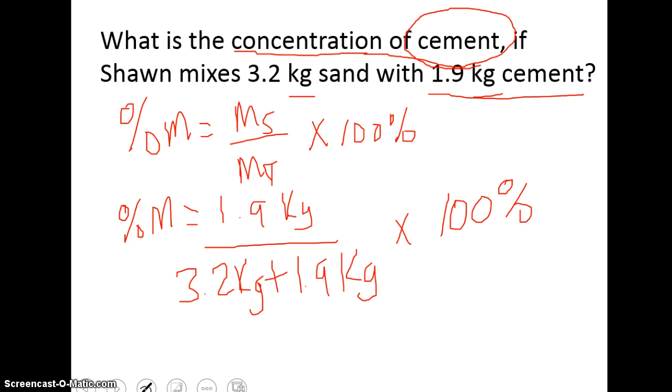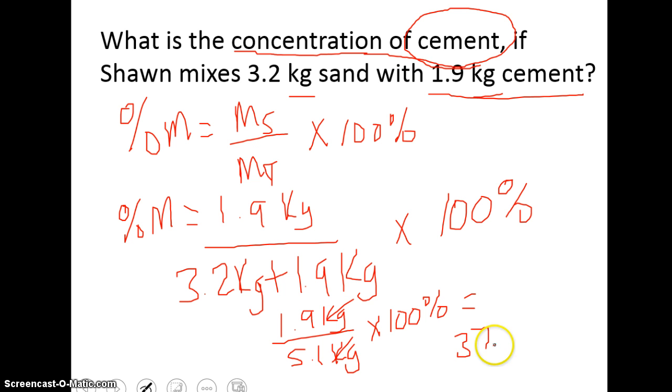If you add the 3.2 plus the 1.9, you get 5.1. So you'll have 1.9 kilograms over 5.1 kilograms times 100%. And your kilograms cancel out. If you take 1.9 divided by 5.1 times 100, you end up getting 37.3, and then you're left in percent.